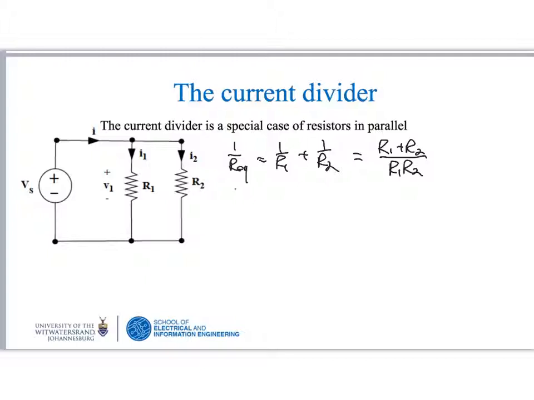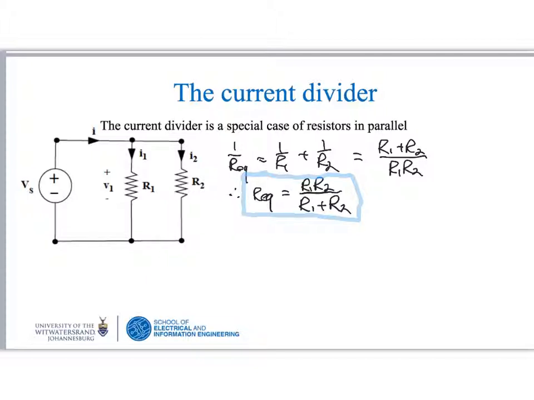So in other words, R equivalent of two resistors in parallel is equal to the product of the two resistors, R1 R2, divided by the sum of the two resistors, R1 plus R2. And this is also a result that is used quite often, two resistors in parallel, so it's worth remembering this as a shortcut.